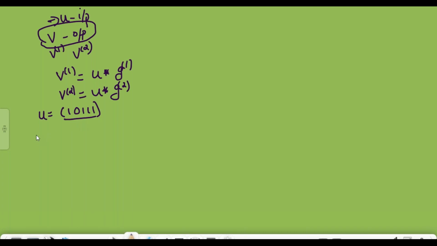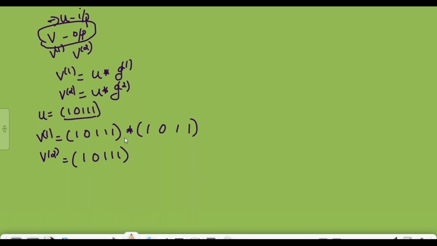We have v1 equal to the convolution sum of the input 1 0 1 1 1 with g1, which is 1 0 1 1, and v2 is equal to the input sequence 1 0 1 1 1 convolved with g2, the second impulse response of the second adder element.